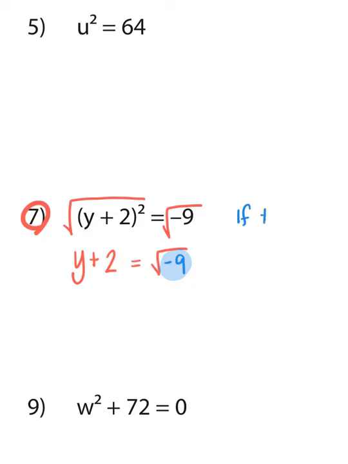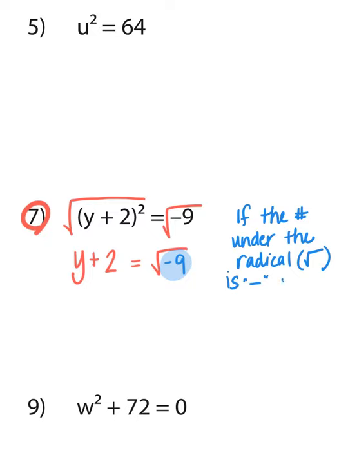If the number under the radical is negative, we cannot take the square root.